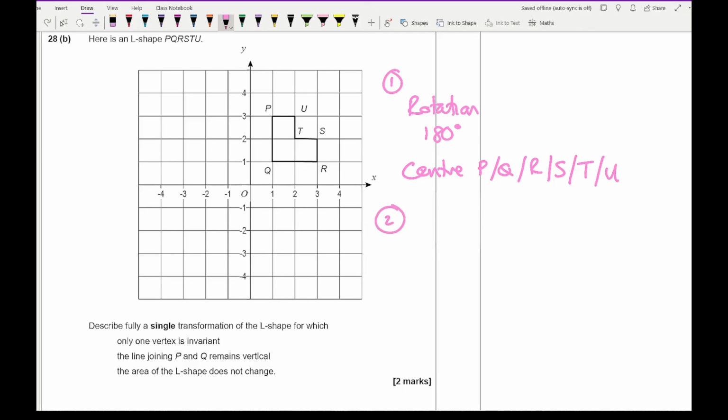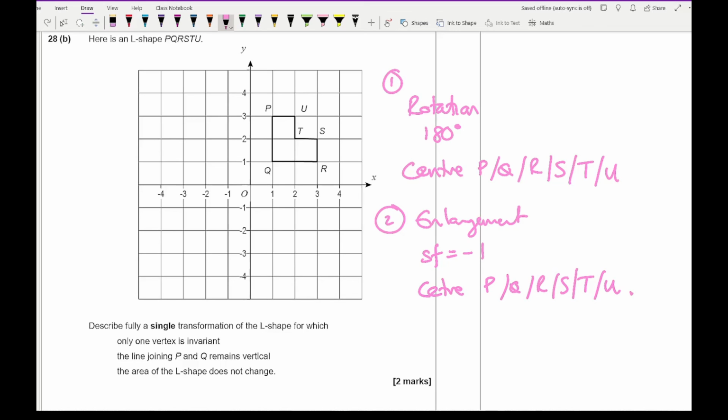Or the second option you could say is that it's an enlargement with a scale factor of -1, and the center of that enlargement is either going to be P, Q, R, S, T or U. So any of those particular answers would be absolutely fine.